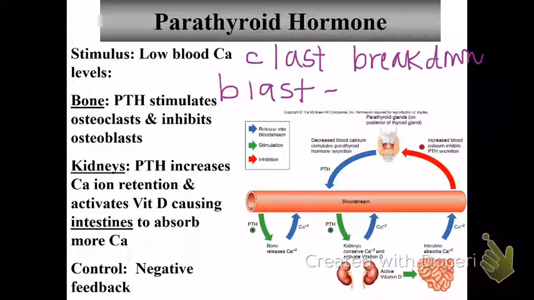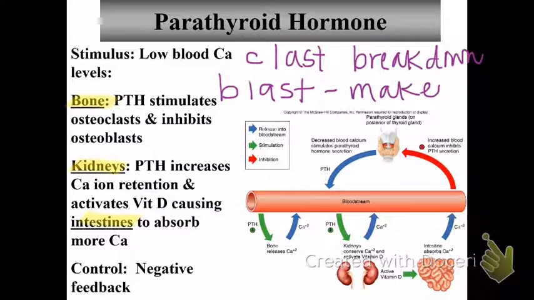Okay, so what does it do to the bone? You want to know all this. It stimulates the bone to break down, because when blood levels are low, parathyroid says, take calcium from the bone and put it in the blood.